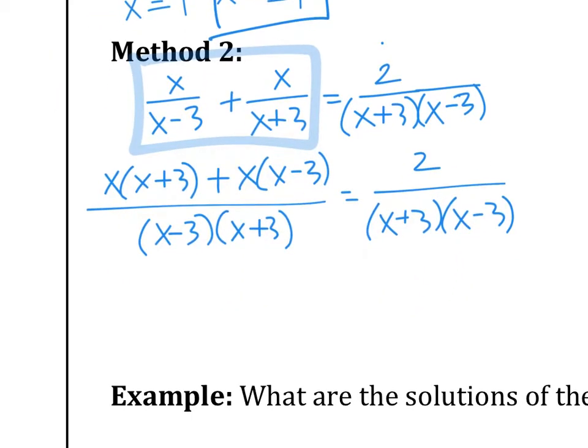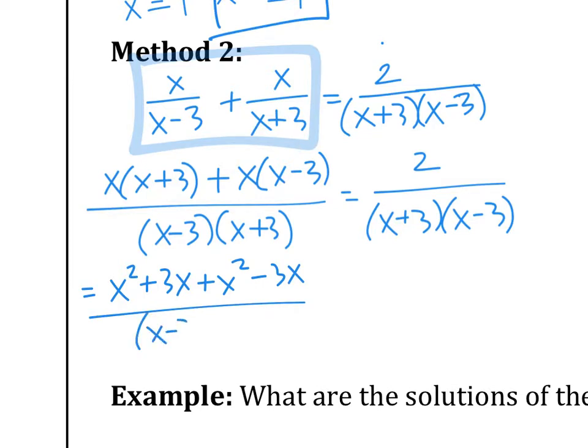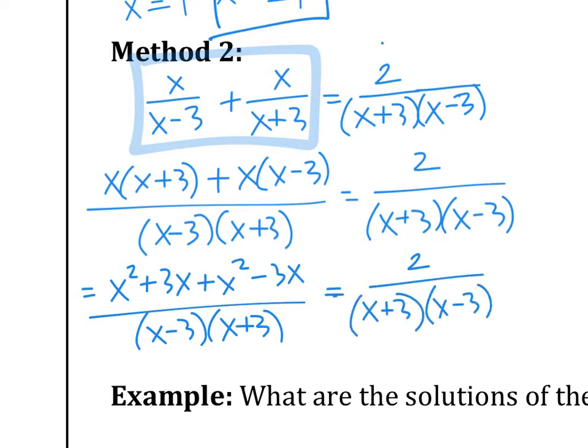Okay, same thing as before. We're going to distribute and simplify. So x squared plus 3x plus x squared minus 3x over x minus 3, x plus 3 equals 2 over x plus 3, x minus 3.